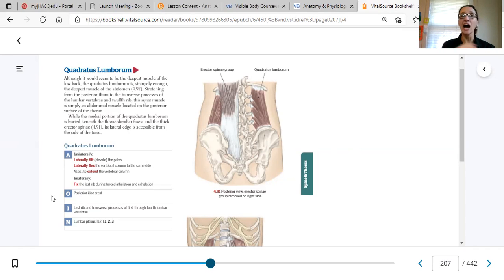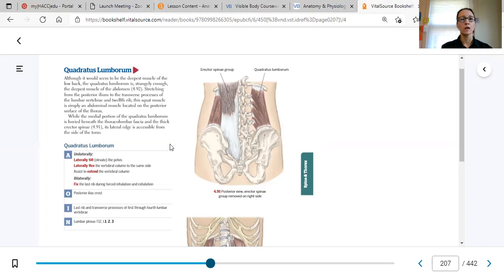Now, our author believes that the primary action of this muscle is lateral flexion. Okay, lateral flexion. So the origin would be the iliac crest and the insertion would be the 12th rib. Sure, that makes sense. Now you have the 12th rib moving towards the iliac crest. That's lateral flexion. So it really just depends on the author's perspective on this muscle.